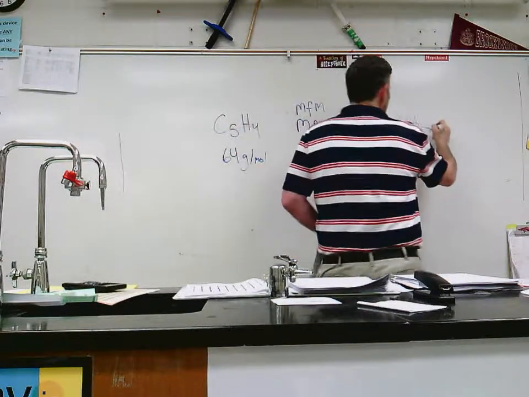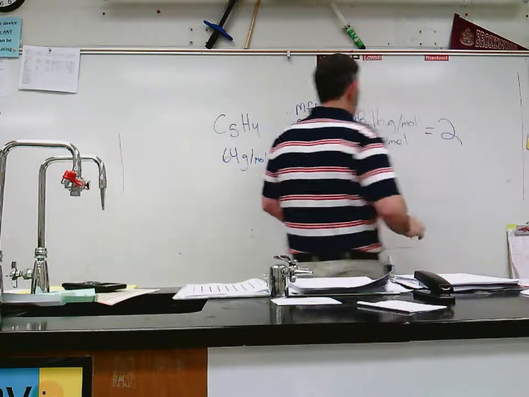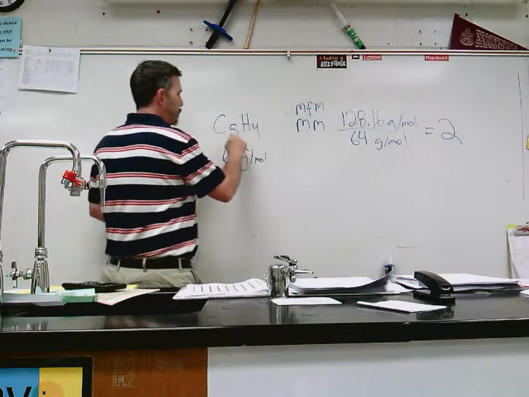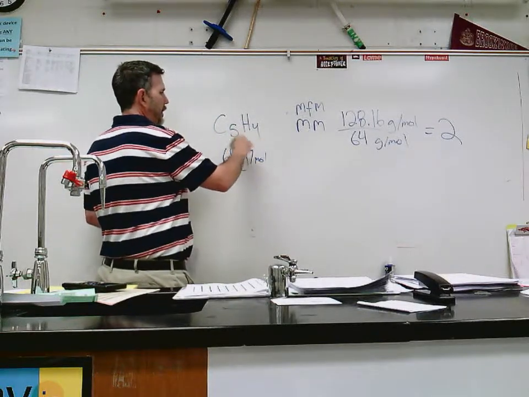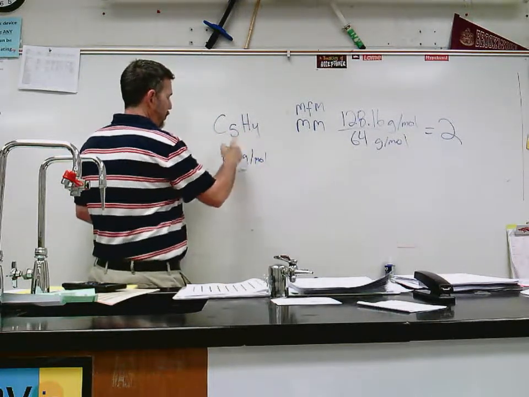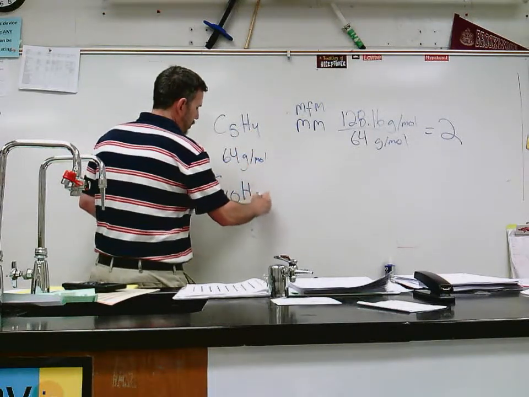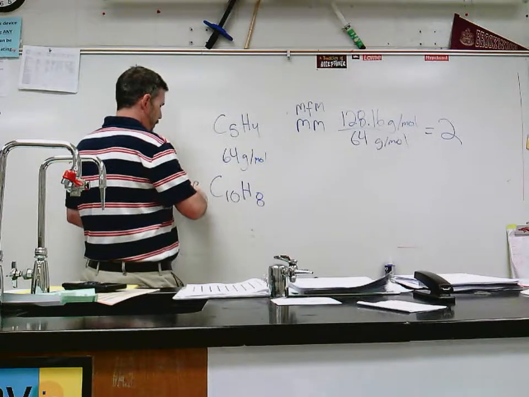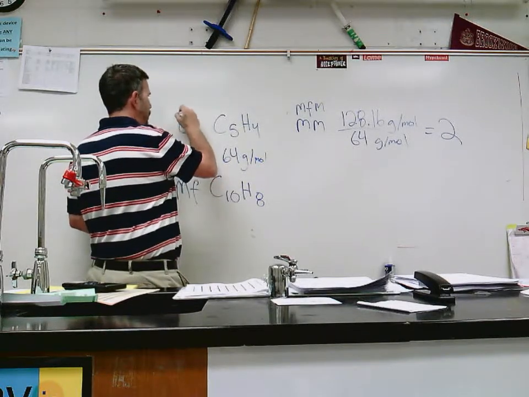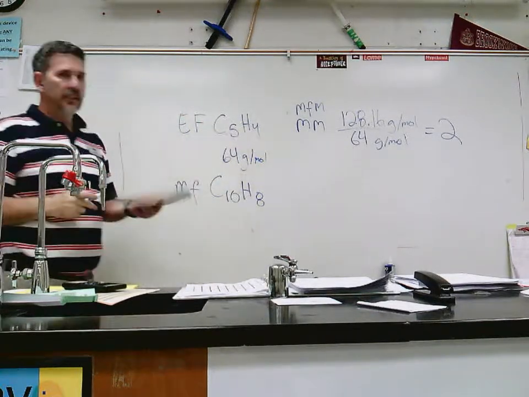And whatever our answer is, in this case it's 2, we multiply times our empirical formula subscript. So 2 times 5 is 10, 2 times 4 is 8. So our molecular formula is this, our empirical formula is this, and that is how we do that.